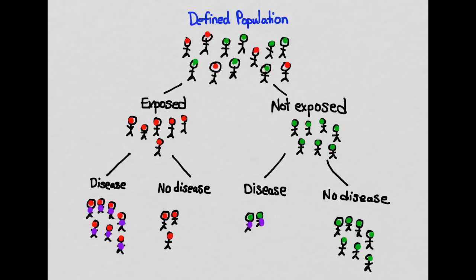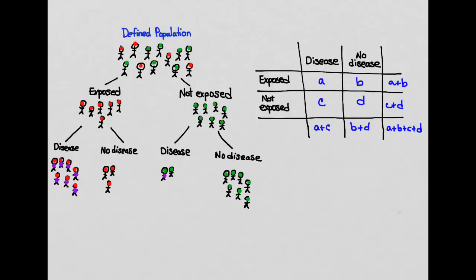So we can display these numbers in a 2x2 table. Here you can see the 2x2 table. Remember that we've got disease in the first column, no disease in the second, and then exposure on the first row, and lack of exposure, unexposed, in the second row.